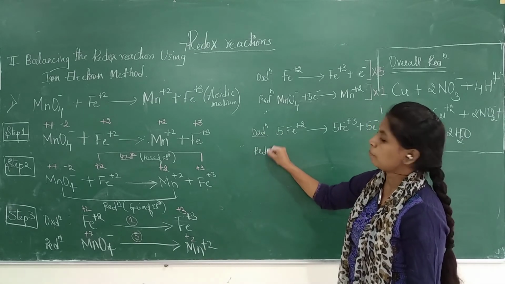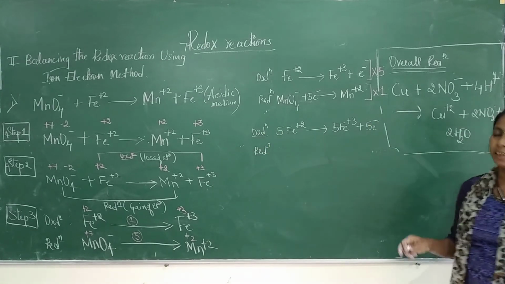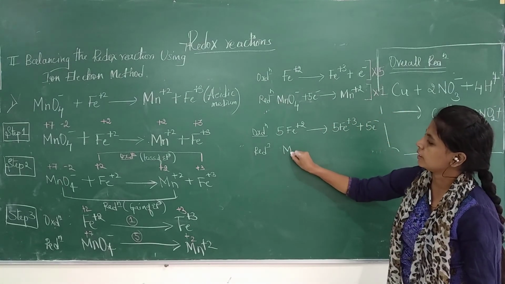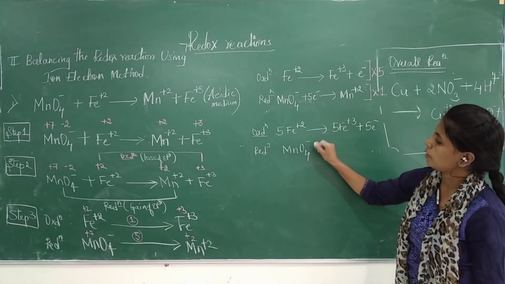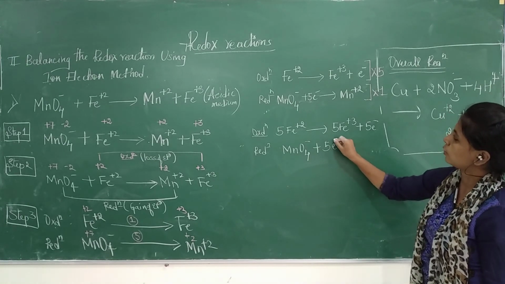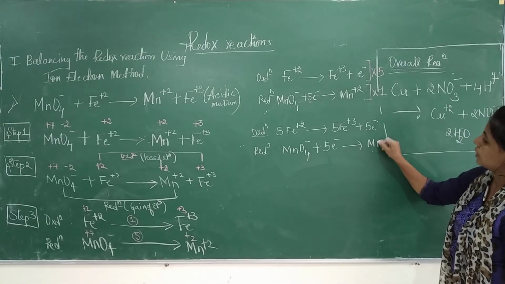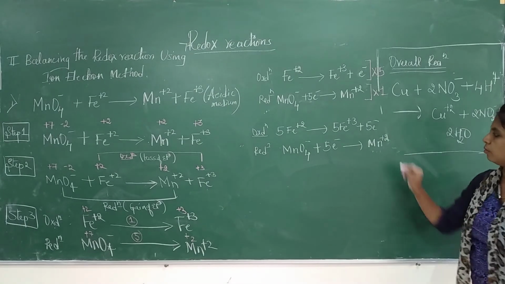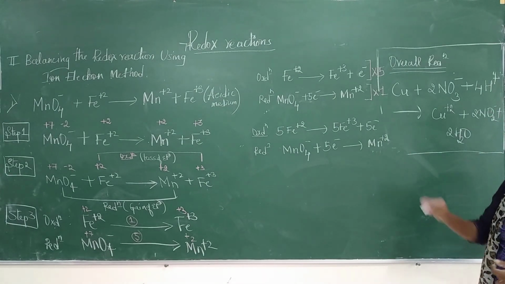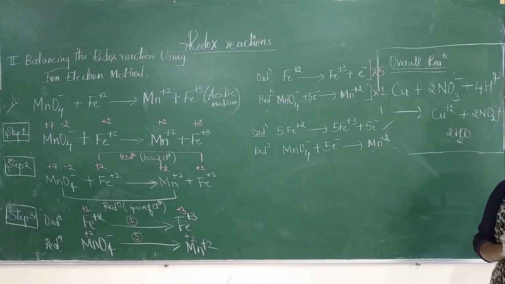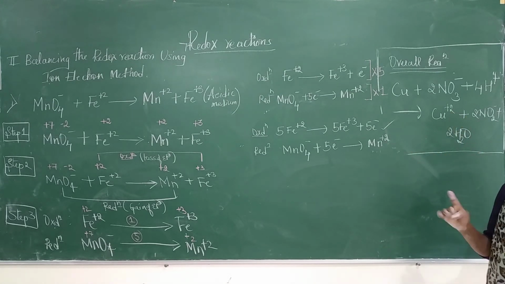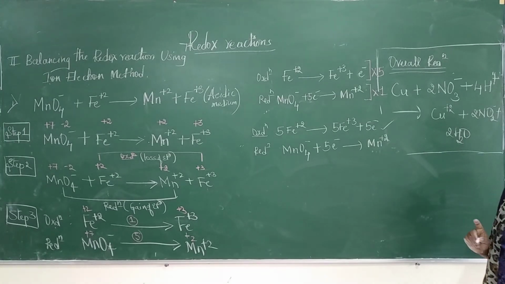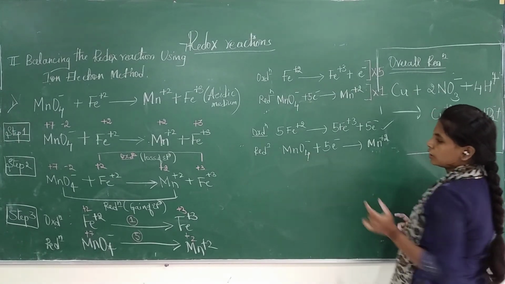So I have directly balanced the equation now. Clear? So MnO4 minus, it is same as usual: MnO4 minus plus 5 electrons gives Mn plus 2. Until now this is fine. Next, all the other atoms are balanced here, just you need to balance the oxygen atoms.